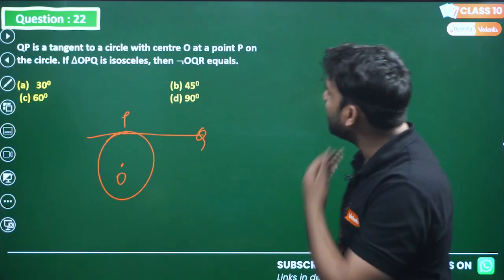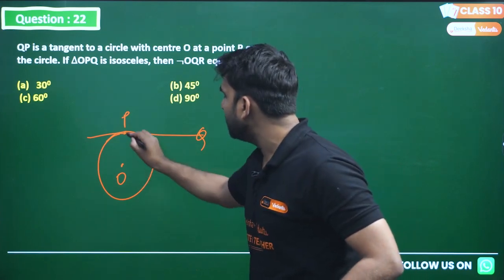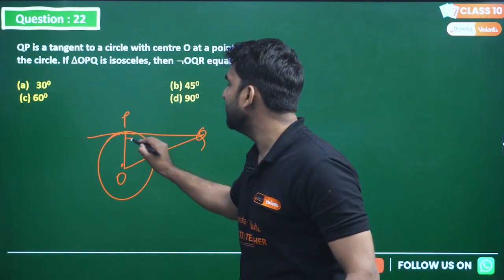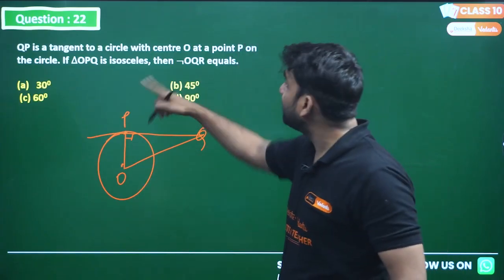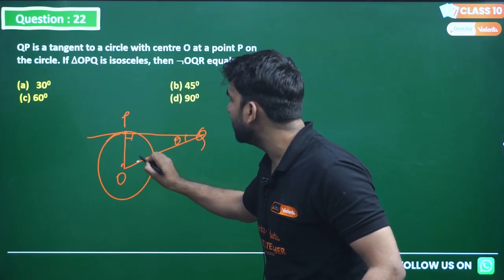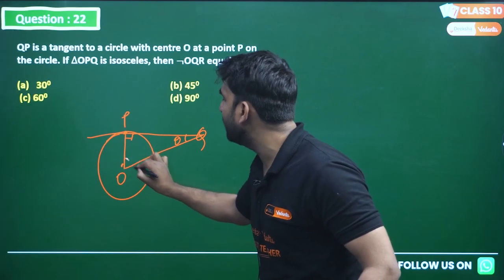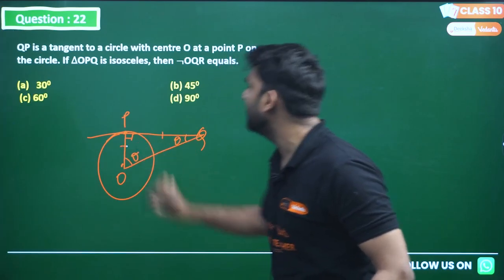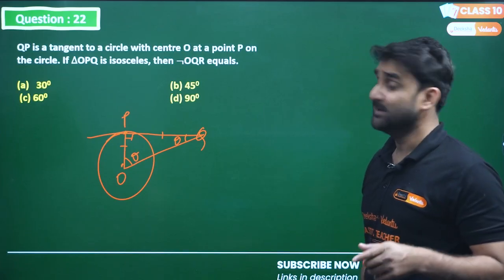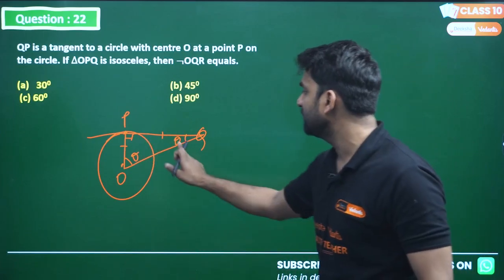If triangle OPQ is isosceles, so my dear, this angle is 90 degrees always by theorem. If triangle OPQ is isosceles, it means this angle must be equal to this angle, because the hypotenuse cannot be equal to any other side. So these two sides have to be equal to each other. So this will be 30 and 30.